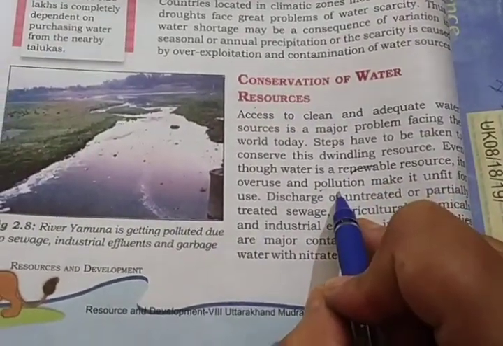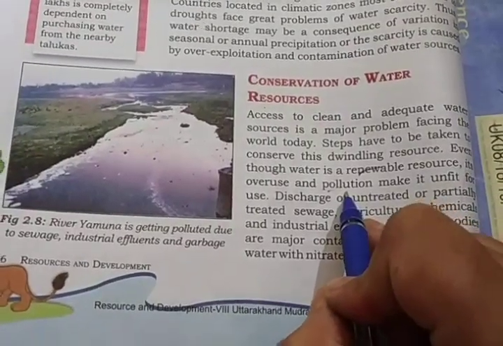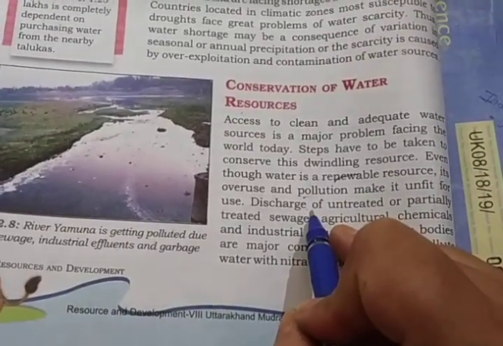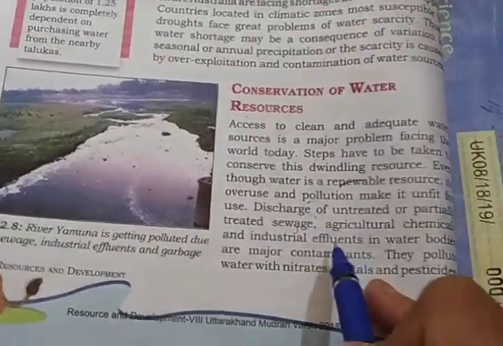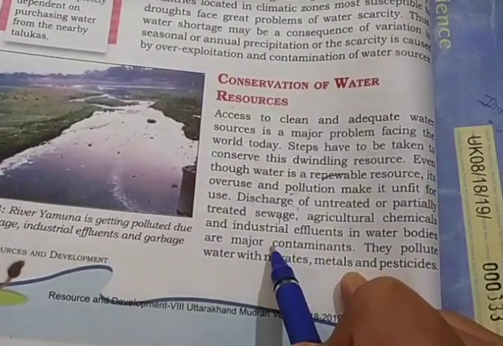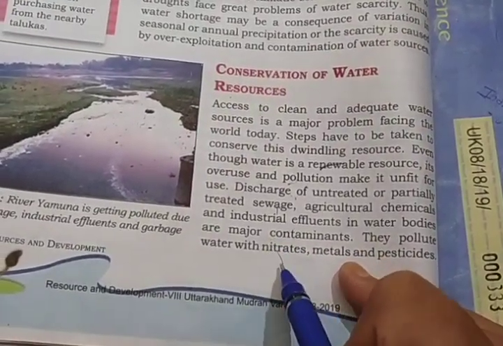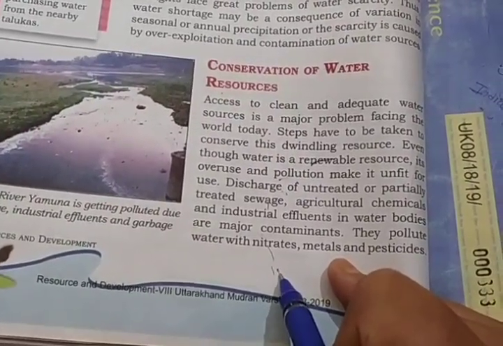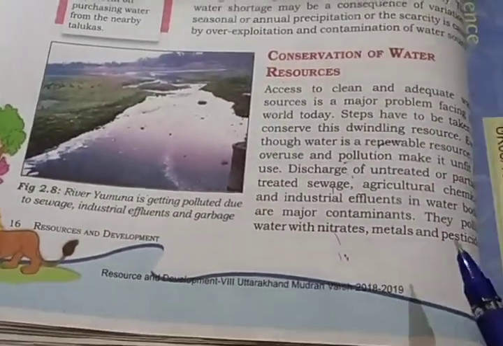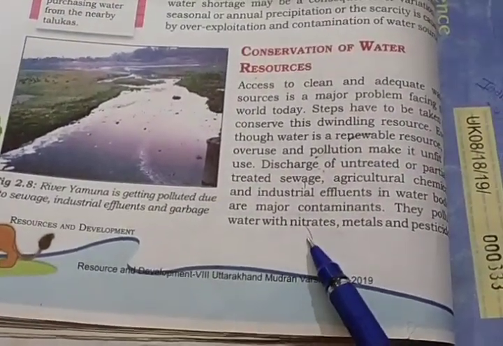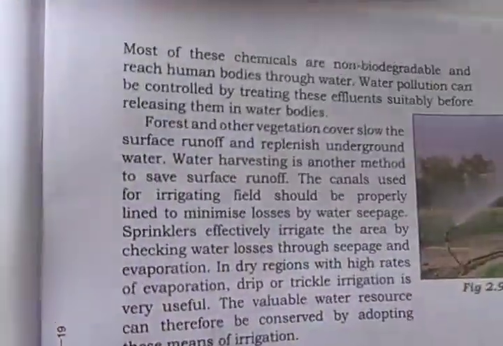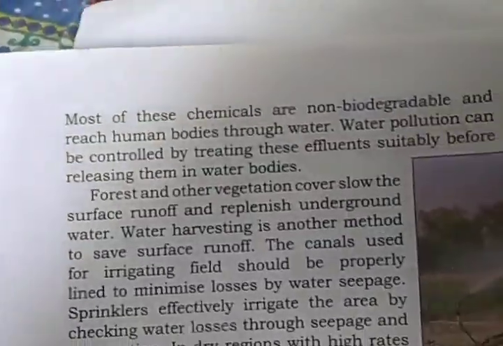problem is pollution: that water is not drinkable, not fit for drinking purposes. So the discharge of untreated or partially treated sewage, agricultural chemicals and industrial effluents in water bodies are major contaminants. The polluted water has nitrates, metals and pesticides, which is very harmful for our health and causes different types of diseases in the human body.